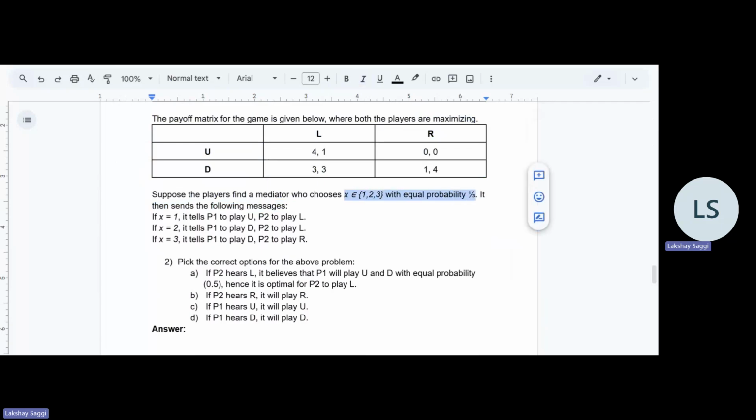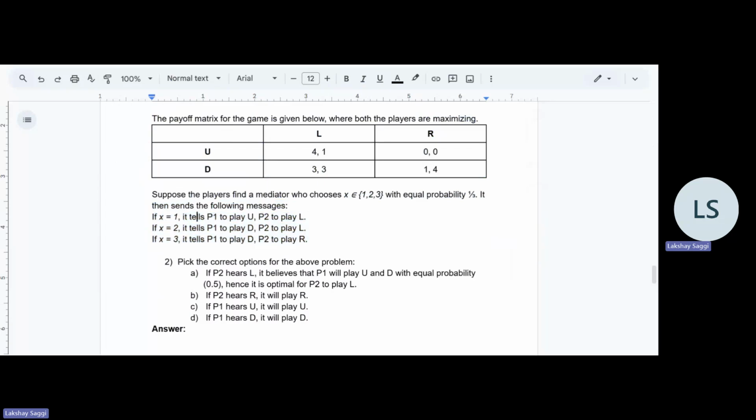Players don't know exactly what x the mediator comes up with, but they still know the experiment which the mediator is going to perform. They don't know the output of the experiment, but they still know the experiment that is going on. This is what happens in indirect communication. Then, whatever the value of x, the mediator gives advice to the players.